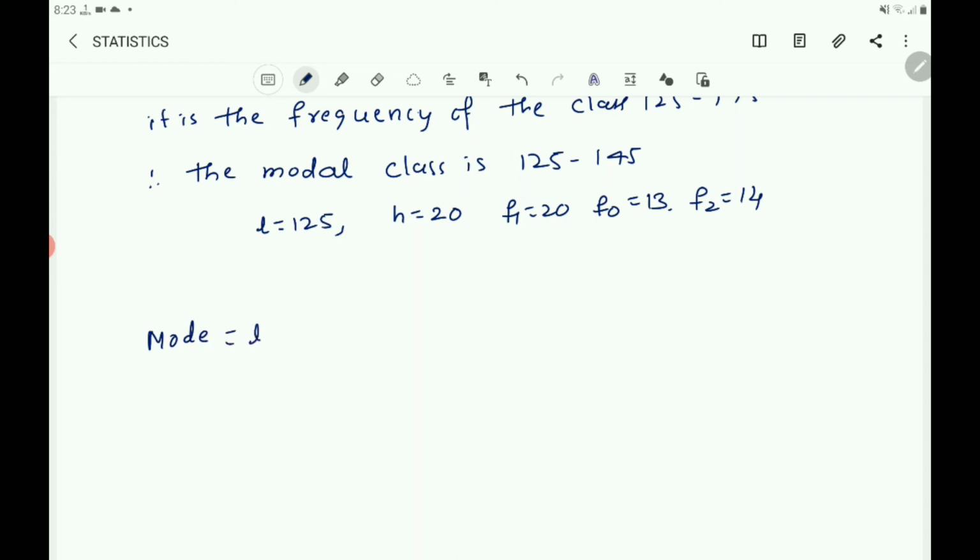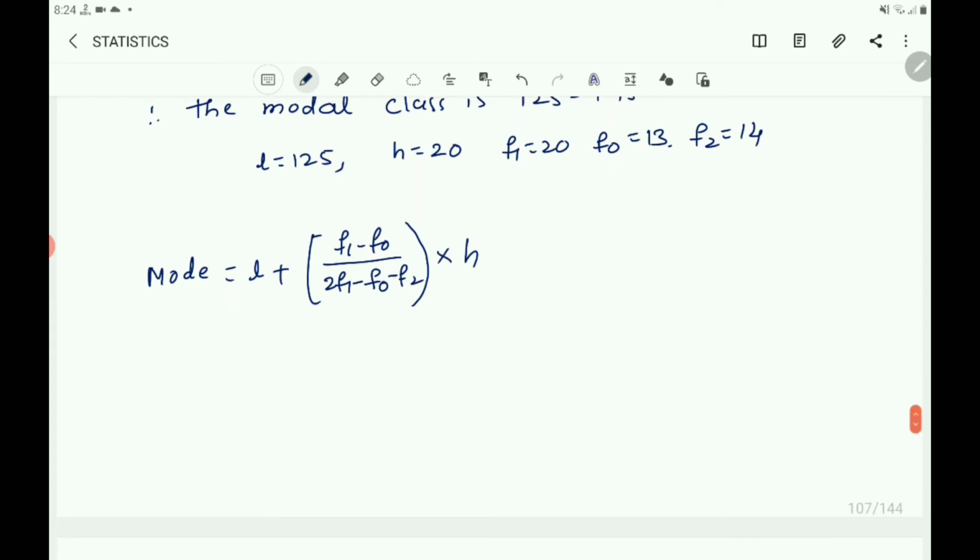Mode equals L plus (F1 minus F0) divided by (2 F1 minus F0 minus F2), into H. Substitute the values.